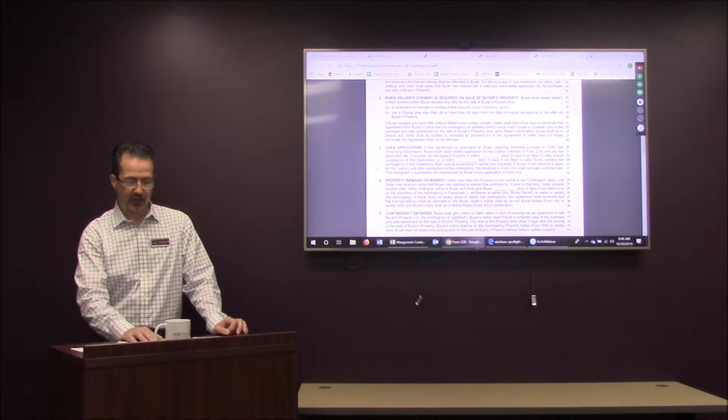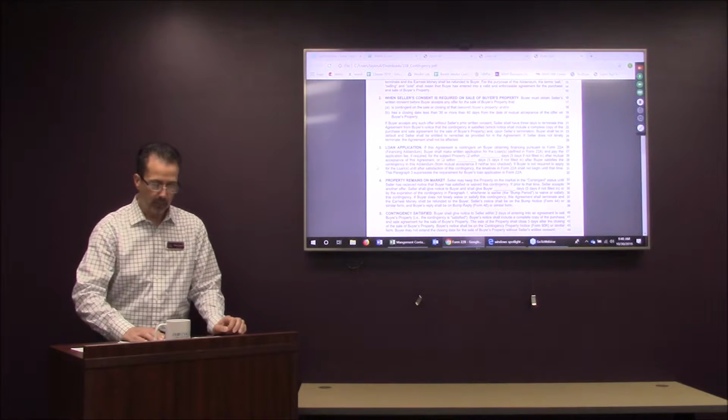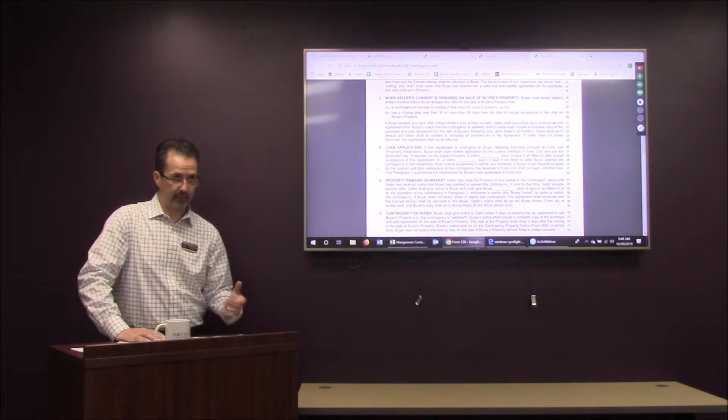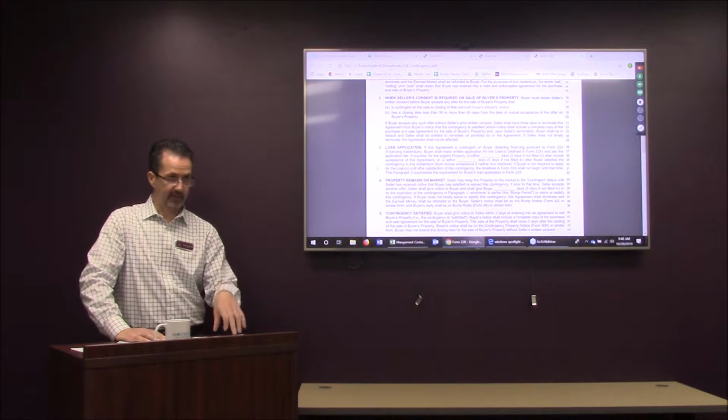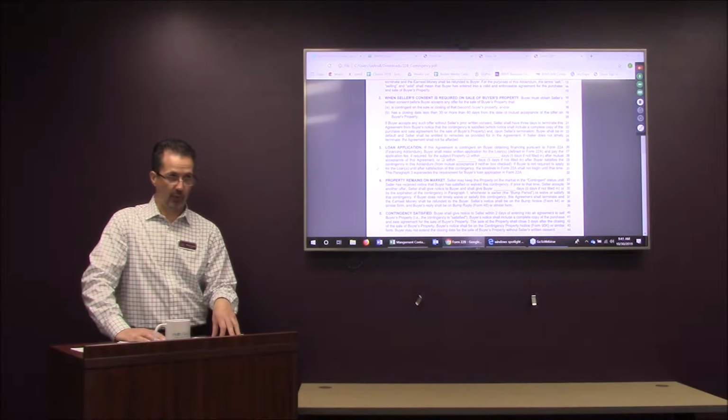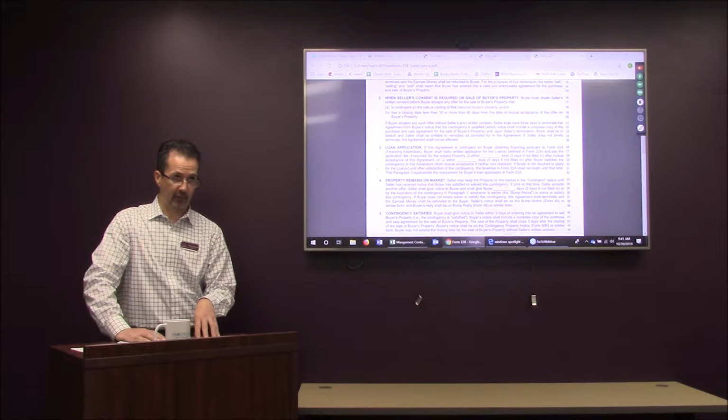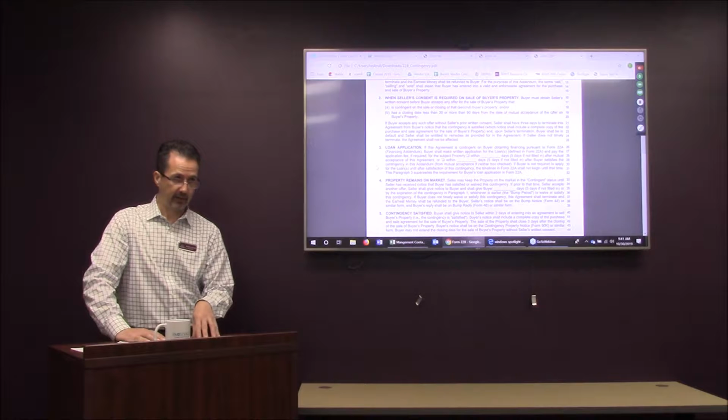And upon seller's termination, buyer shall be in default and seller shall be entitled to remedies as provided for in the agreement. If seller does not timely terminate, the agreement shall not be effective. So if the buyer accepts an offer that's less than 30 days or more than 60 days, and they don't get the consent from the seller, they will be in default.